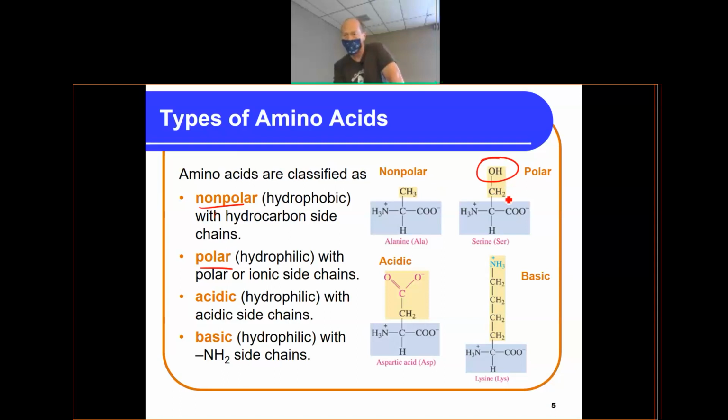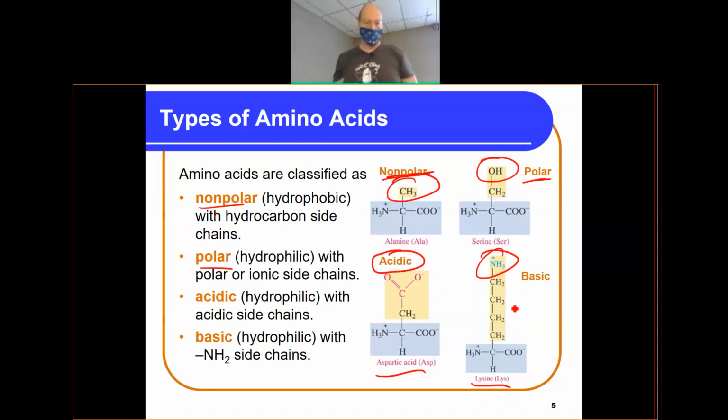If you have an oxygen, your side chain is polar. If you only have carbons and hydrogens, your side chain is non-polar. If you have a carboxylic acid group, you're going to have an acidic amino acid, as you do in aspartic acid. If you have an amine group, you're going to be a basic amino acid, as you have in lysine.